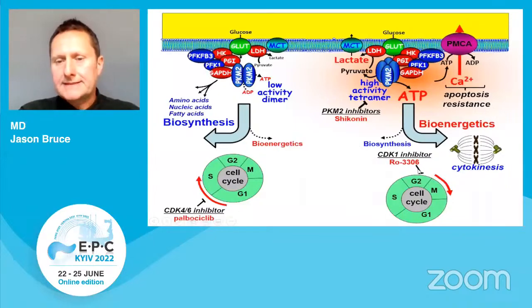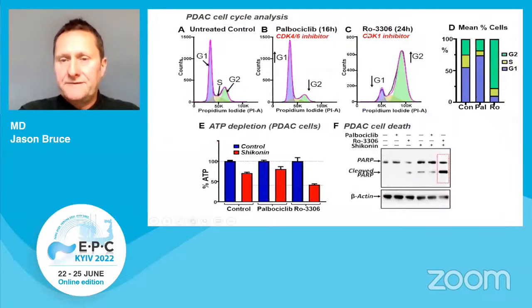This means that if we arrest the cells during G2, we can effectively shift the cells towards G2, and this causes a potentiation of both ATP depletion and cell death. Now, this suggests that the combination of a CDK1 inhibitor and a PKM2 inhibitor might be an effective way of selectively killing pancreatic cancer cells.